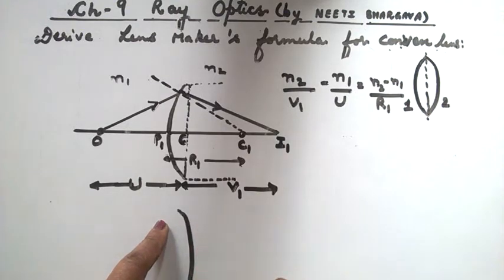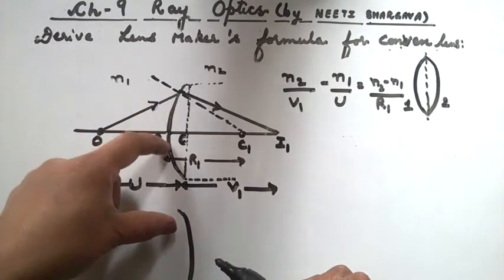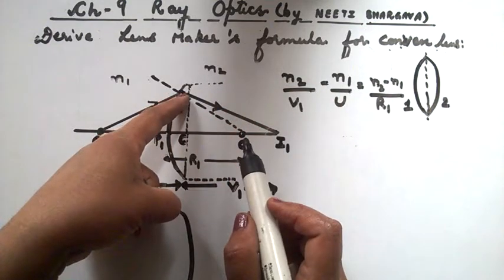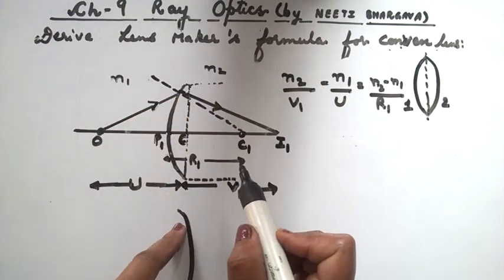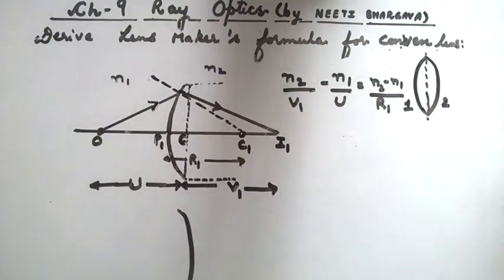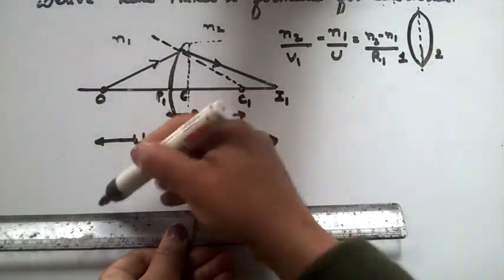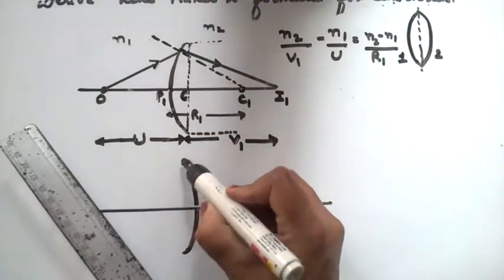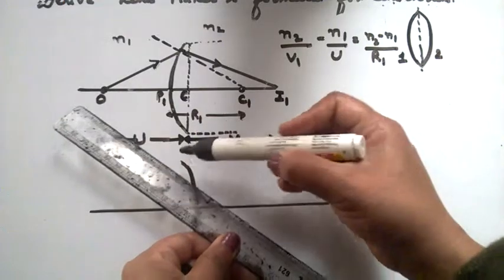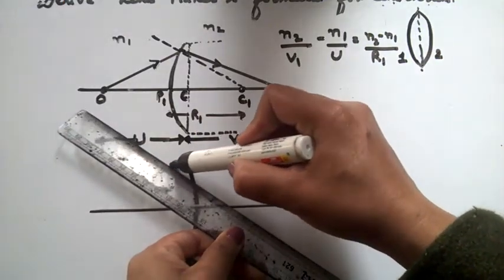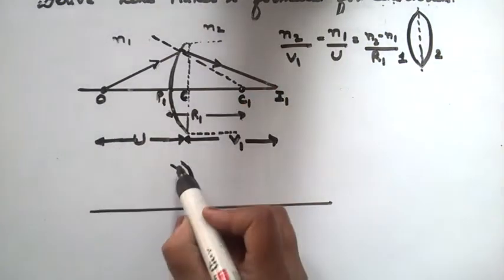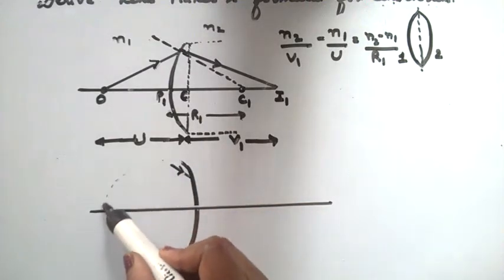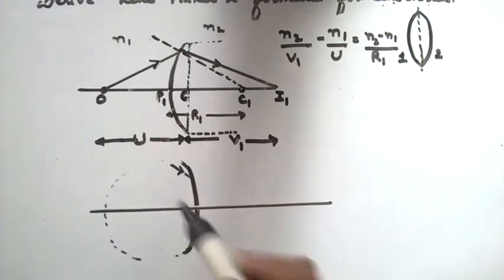When we combine these two refracting surfaces, this refracted ray will become an incident ray for the second surface. So here, now the ray of light is coming from the denser medium, and this is a curved refracting surface. Its center of curvature is on this side, that is C2.